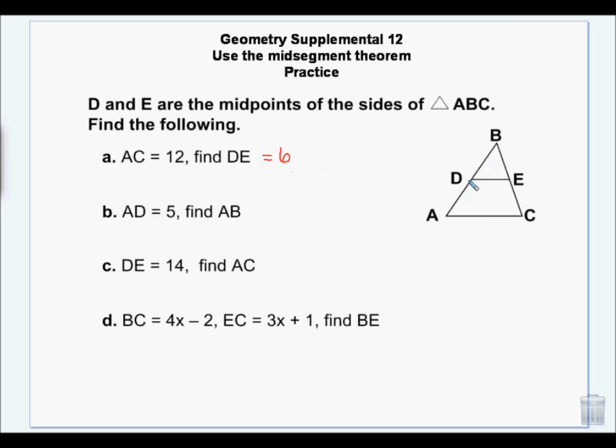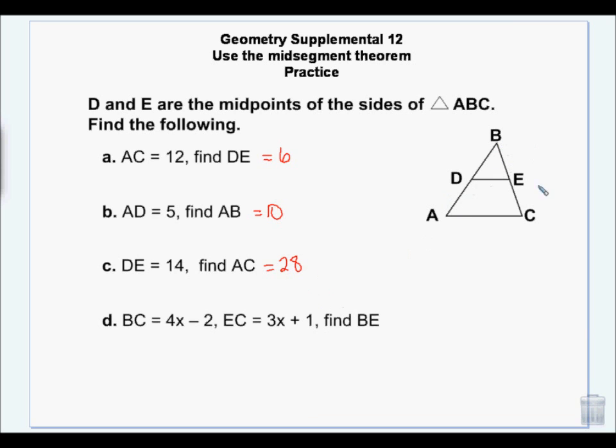If AD is 5, this little bit right here, what's AB? 10. If DE is 14, AC would be 28.